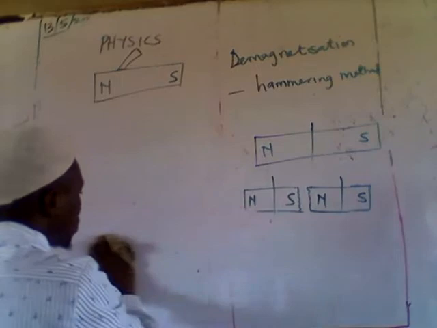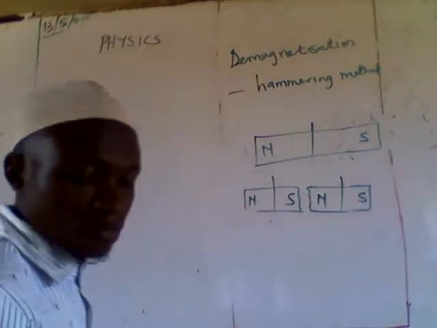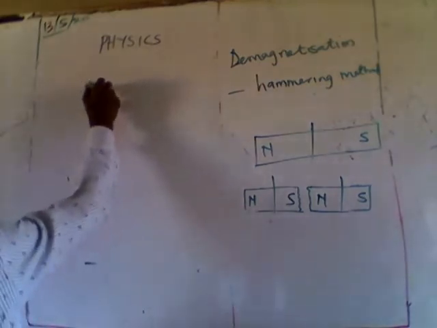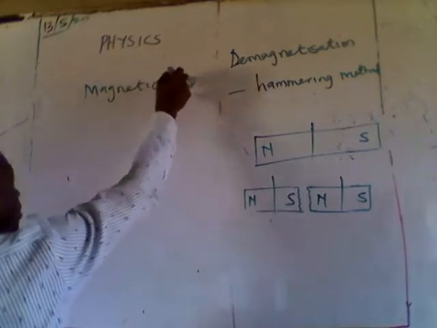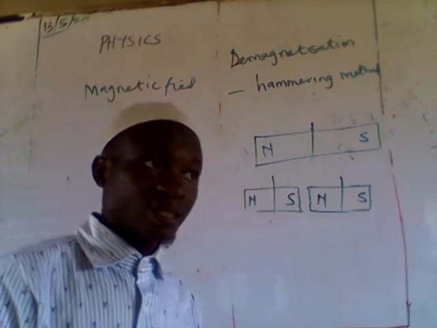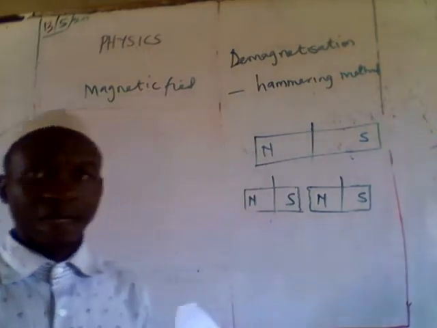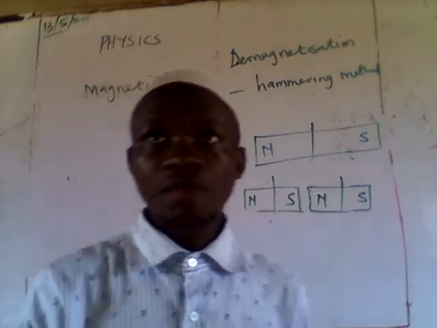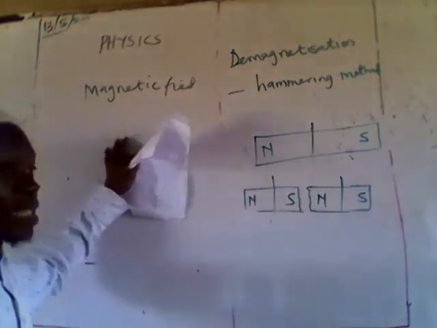Now we will go to what we call a magnetic field. As I have stated, we have many terms we use in magnets or magnetism. We know what magnetism is, we know a magnetic material, we know what we mean by a magnet, and now we want to define a magnetic field.